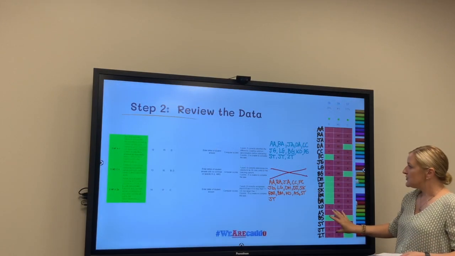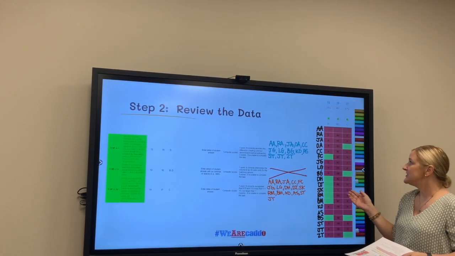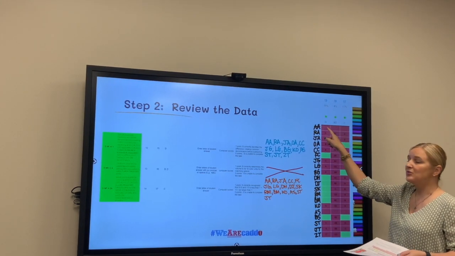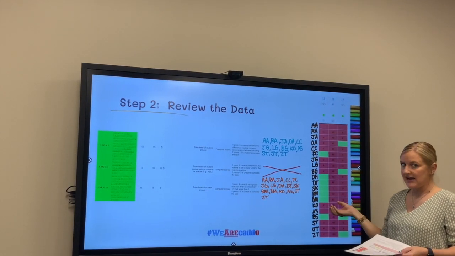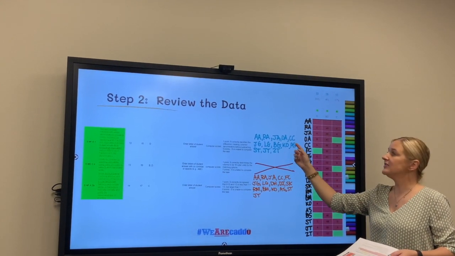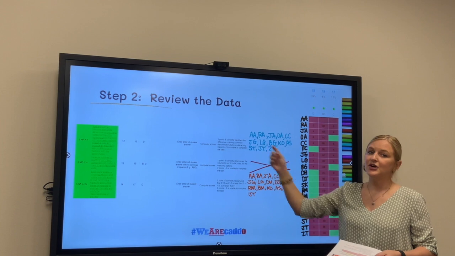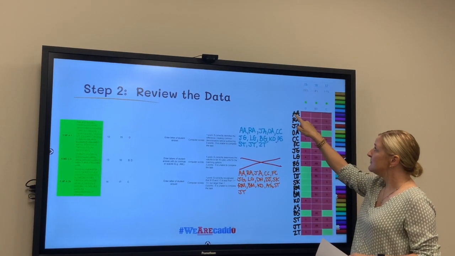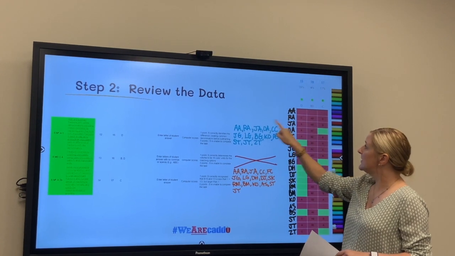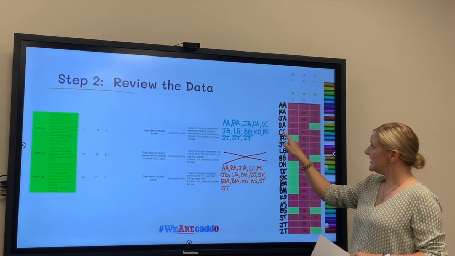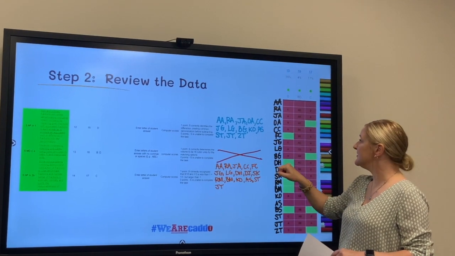This is actual data, and the first thing we want to do is go through this first item, and anyone who is red and has this as an incorrect item, we're going to place them right here as a note that they need acceleration. So I'm going to put my students AA, RA, JA, OA, and CC over here.